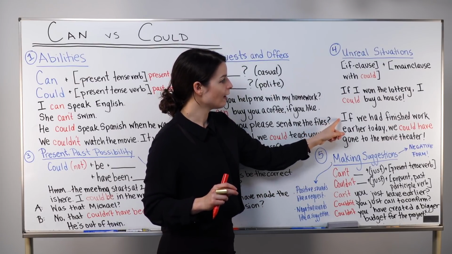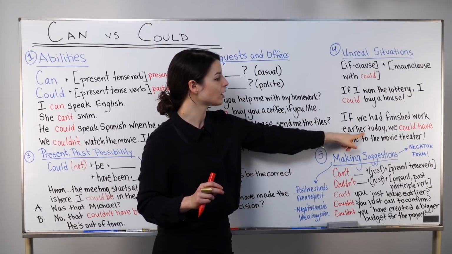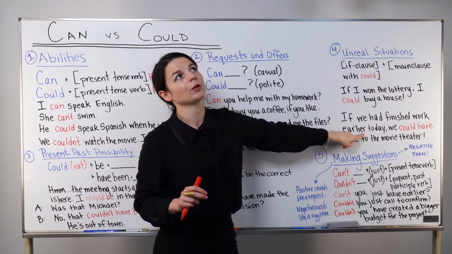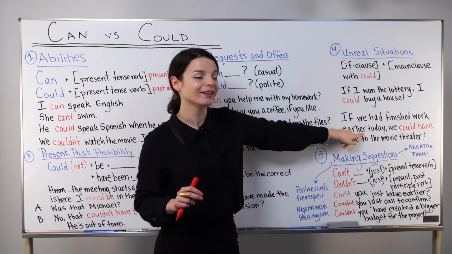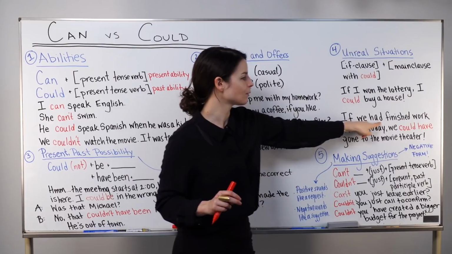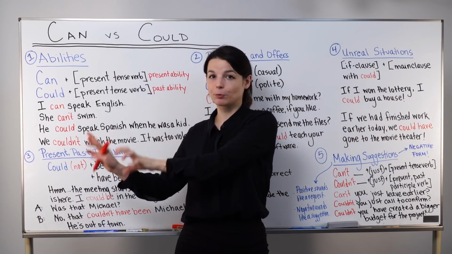Let's take a look. If we had finished work earlier today, earlier than we did. We finished work at 8 p.m. But if we had finished, this is referring to a past action, it's complete.